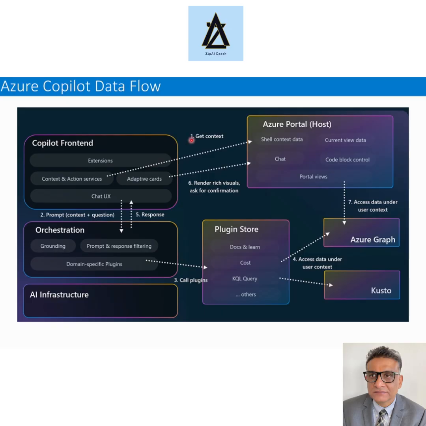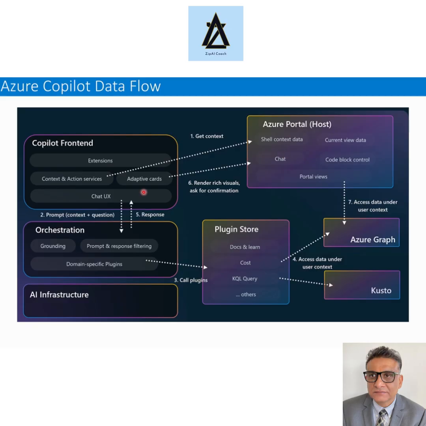So let's get down to the nitty-gritty of Copilot for Azure. If you see here, you have the Azure portal, and you have a Copilot front end, which is the panel that surfaces on the side of your browser when you are on the Azure portal. It gets the context and action information from the current portal page you are in. Let's say you are working in a storage account or a Kubernetes service, it will get that context.